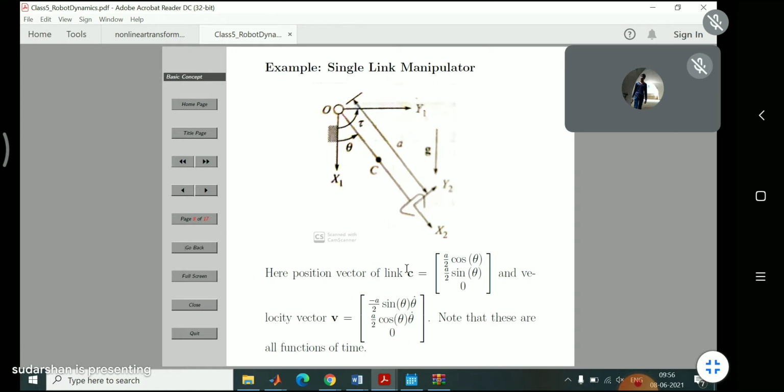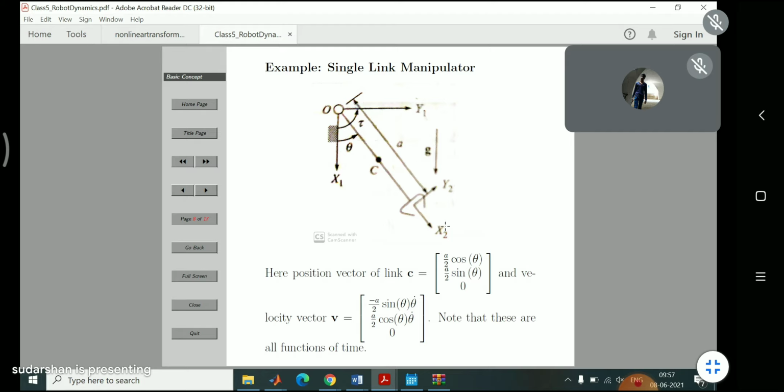So what is the position vector of the link from the origin up to the center of the link? It is given as A/2 cos theta, A/2 sin theta, and 0.